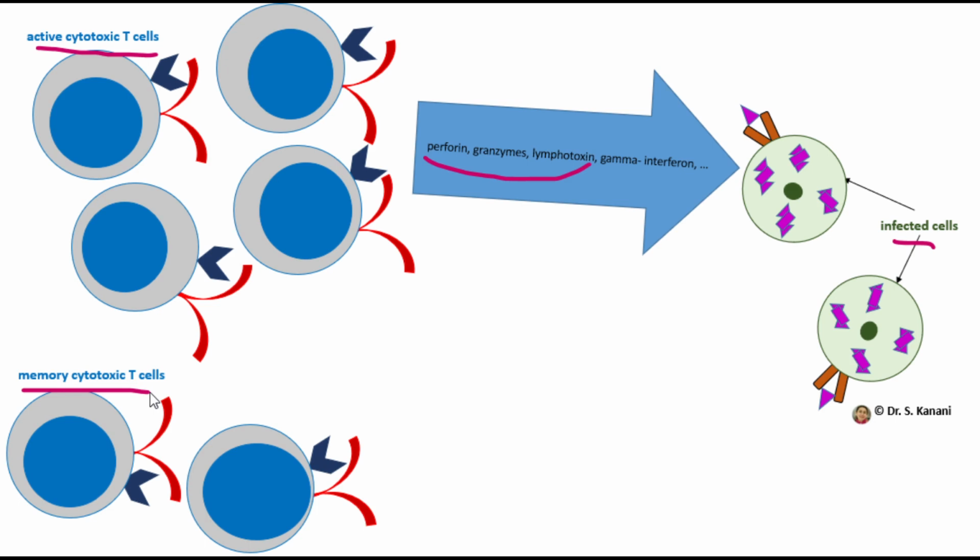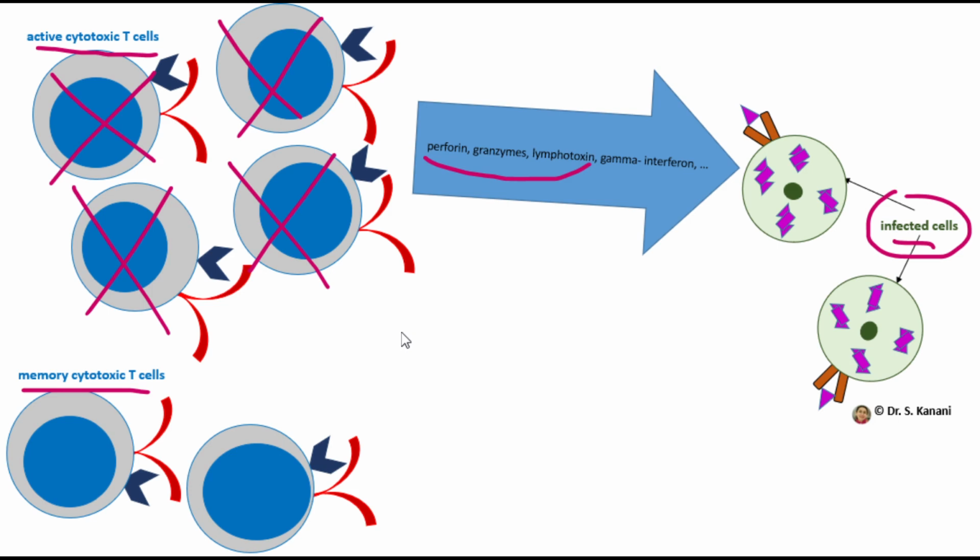They will survive. So clearly that means when active cytotoxic T cells migrate to the infected tissues and identify and kill the infected cells, eventually these active cytotoxic T cells die. We do not keep them. After this battle against the microbe, the only cytotoxic T cells that we keep from this battle would be the memory ones.